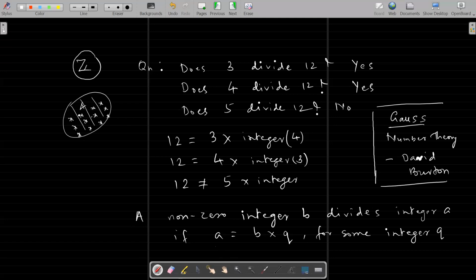So like 12 I can write as 3 into 4, right? 12 I can write as 4 into 3, and so on. So A comes in the table of B, right?